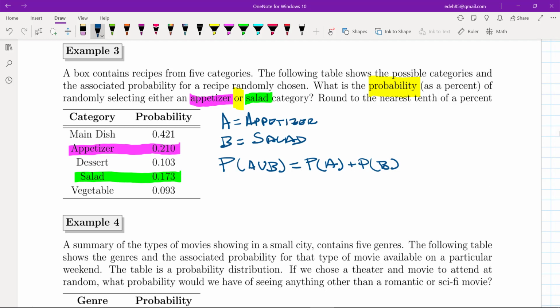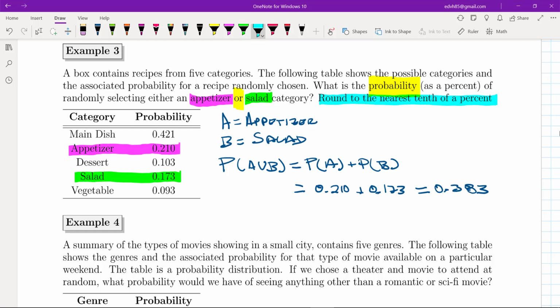In this case, 0.210 plus 0.173, which adds up to 0.383. And in this case, they're asking us to round to the nearest tenth of a percent.